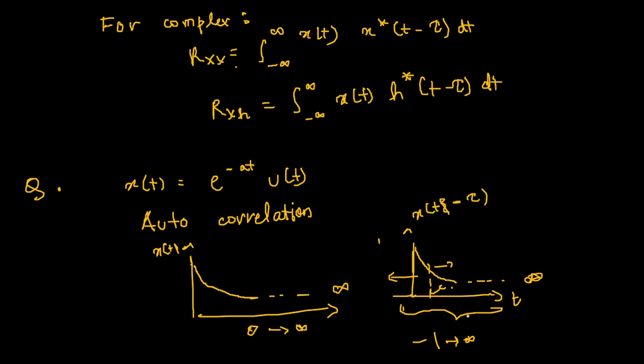So when I multiply these two, the output graph will still be defined from 0 to infinity. Regardless of how much I shift this to the left, since it's an infinite graph, it will be defined from 0 to infinity always, and this graph is always defined from 0 to infinity since we are not shifting it anywhere. So the product of 0 to infinity and, let's say, n to infinity will always give us 0 to infinity. So whenever t is lesser than 0, tau is always defined from 0 to infinity, right?